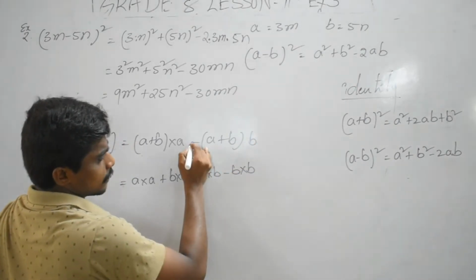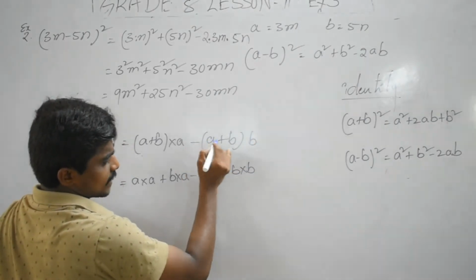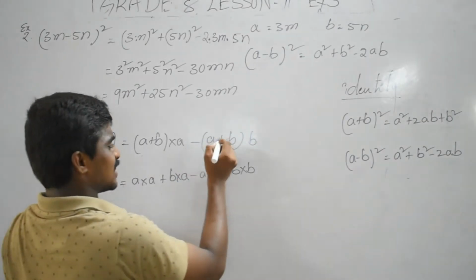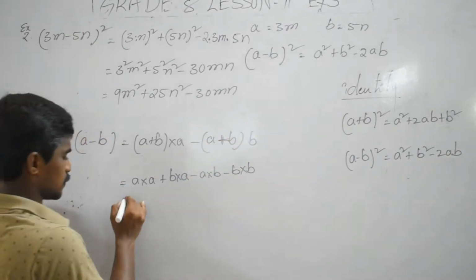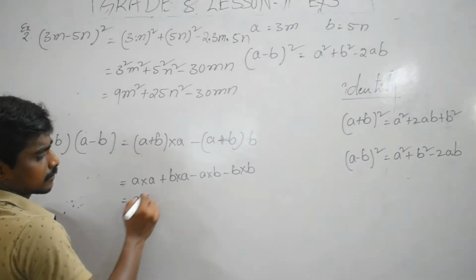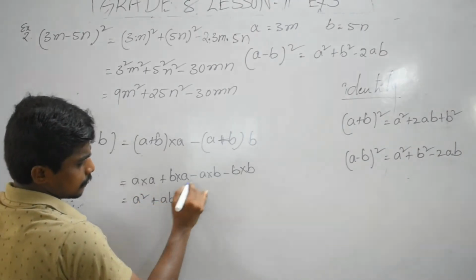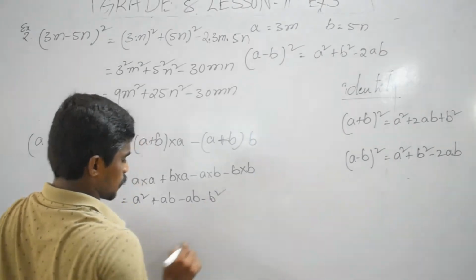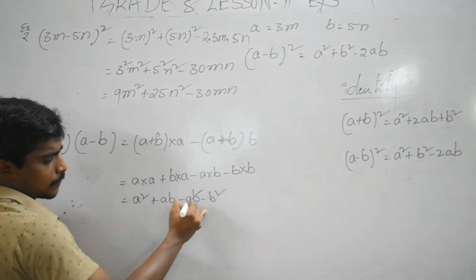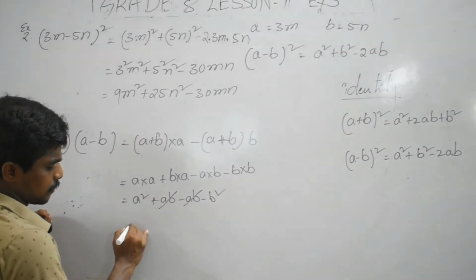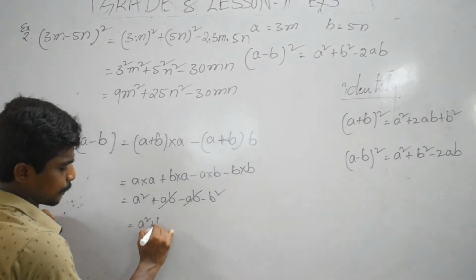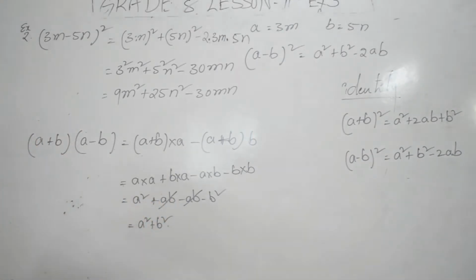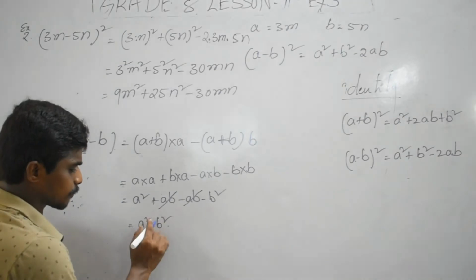Why minus? Minus into plus is minus. Now a square, ab, minus ab, minus b square. So plus ab and minus ab cancel. So a square minus b square.